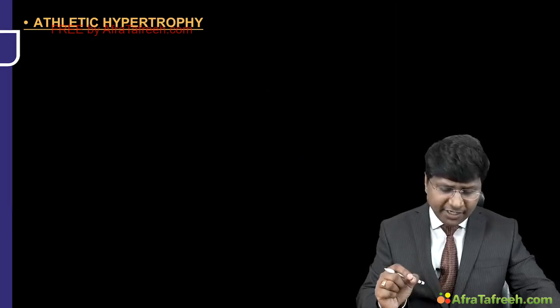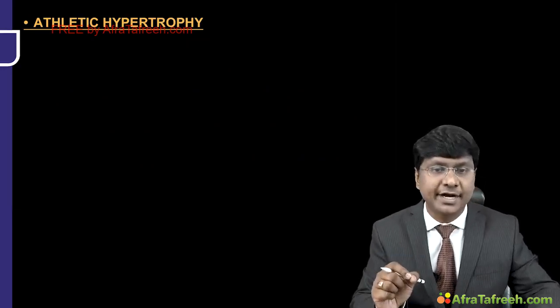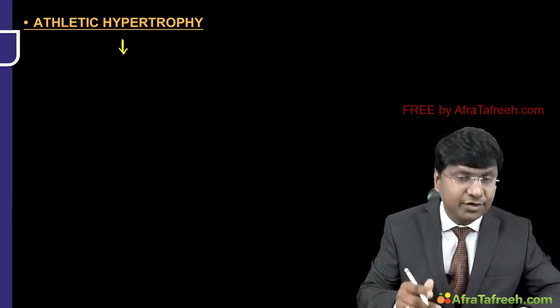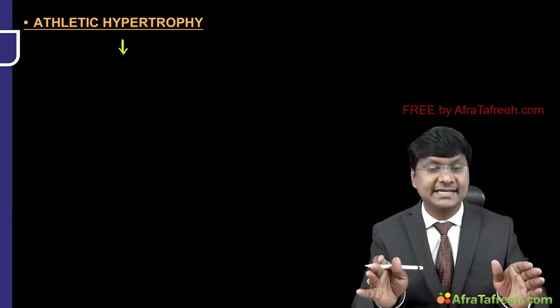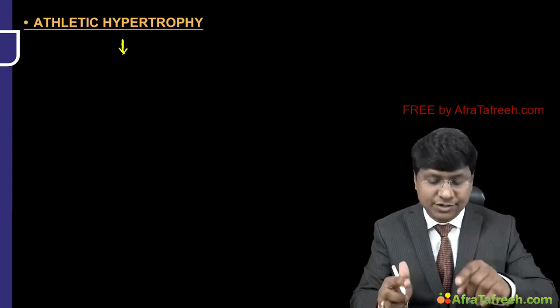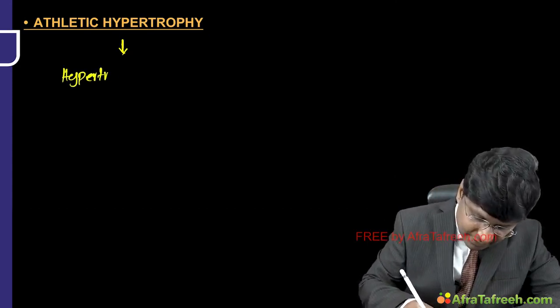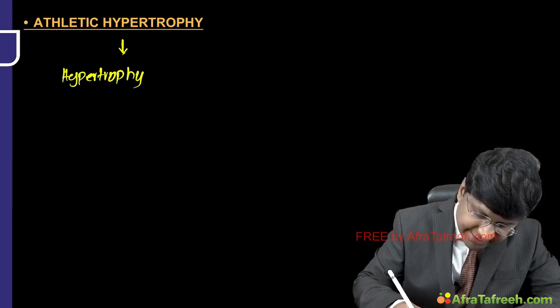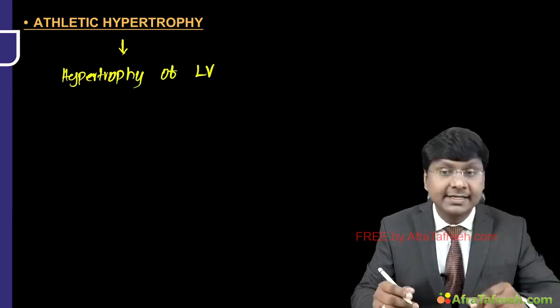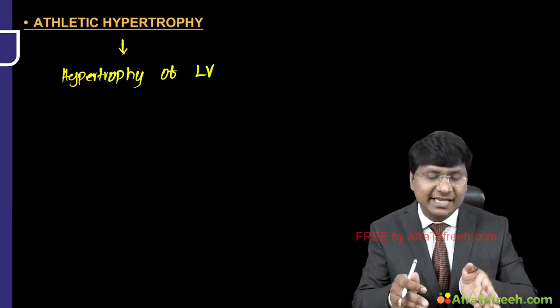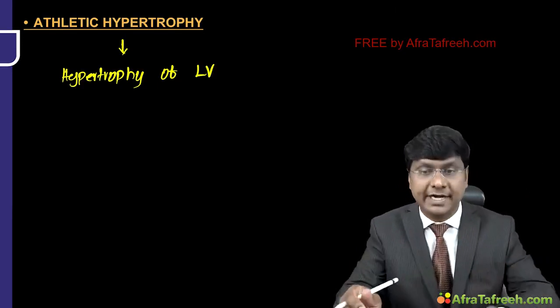Now, one important differential diagnosis of hypertrophic cardiomyopathy is the athletic hypertrophy. So you have to remember that the elite athletes also may demonstrate the hypertrophy of the left ventricle. And this can be confused with the hypertrophic cardiomyopathy.